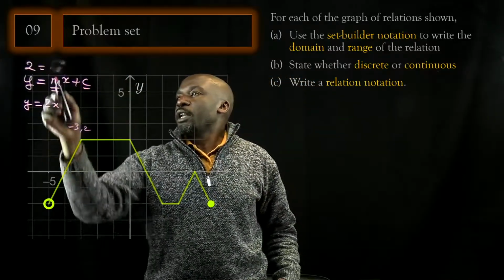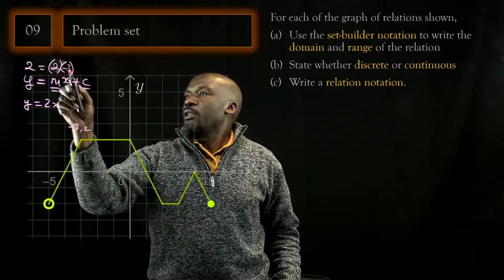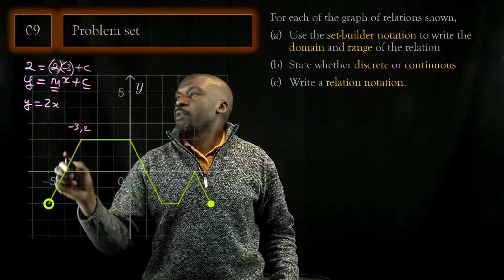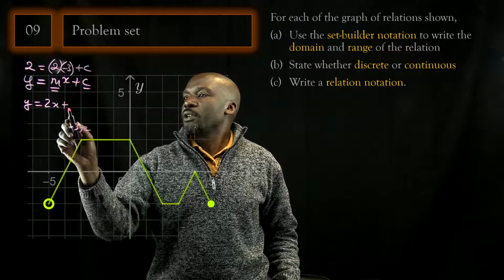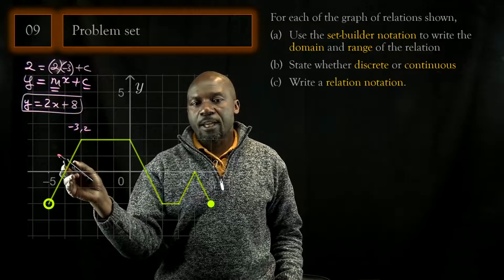The gradient is 2 and x is -3, so we get 2 equals -6 plus c. So -6 put to the other side becomes 6, plus 2 is 8, so c is 8. So the equation of this line is y is 2x plus 8.